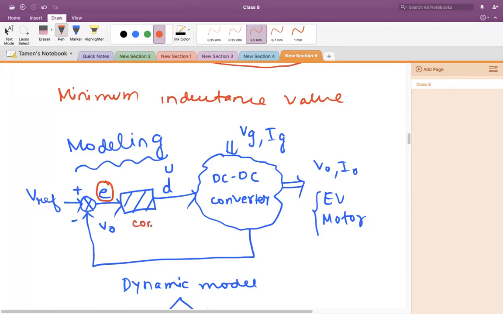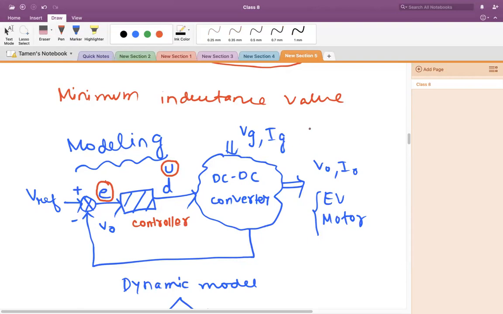The controller will check what the error is. Then it will give a desired control input. Now in our converter, how does the converter know which voltage to get?